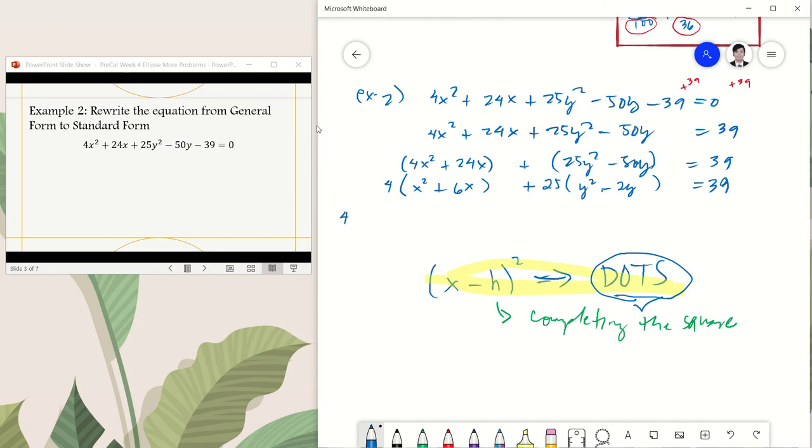So again, it's like saying we need to add a third term in our group here. And you'll do the same thing in our second group, that we will add something else in here. But remember, whatever you do on the left, do on the right.